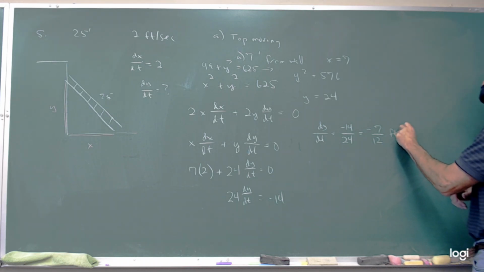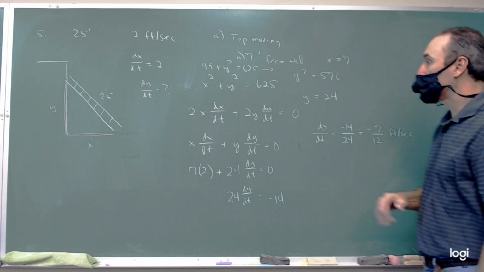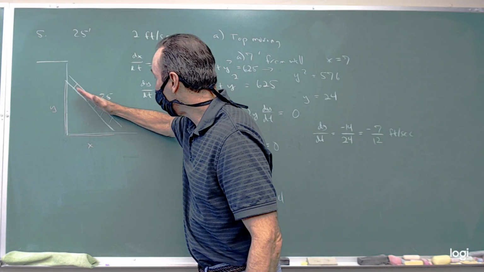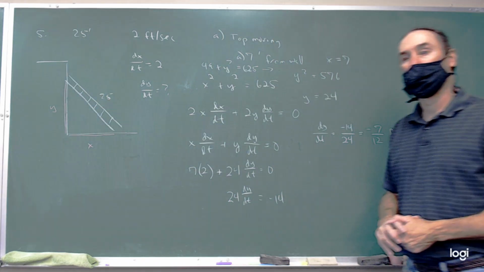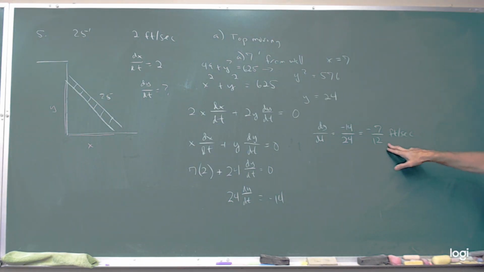We were expecting that to be negative because the y value is getting smaller as the ladder slides down the wall. So this is like a fun ride at this point. By the time you get to the ground, it's not fun anymore.